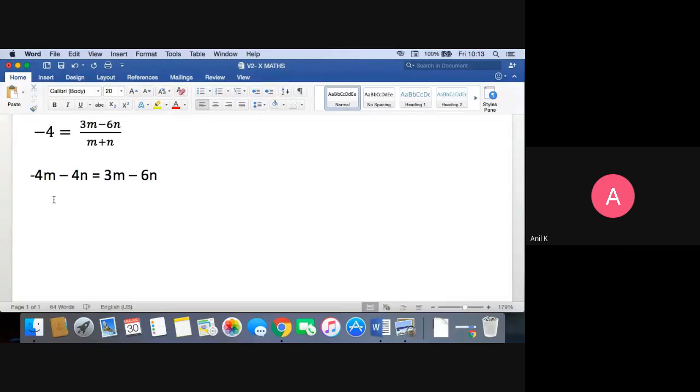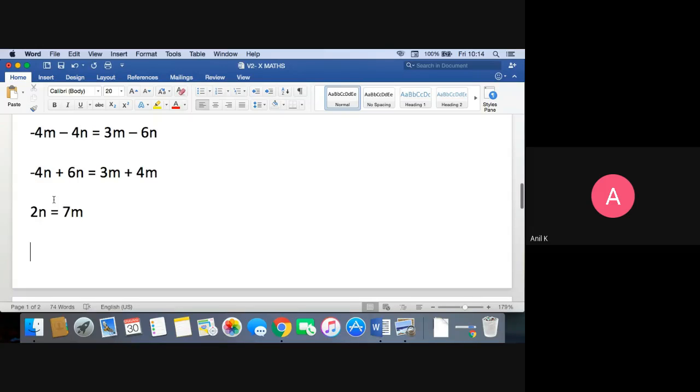So -4n plus 6n is equal to 3m plus 4m. I brought the n terms to the left hand side and all the m terms to the right hand side. So -4n plus 6n will become 2n, equals to 3m plus 4m is 7m.